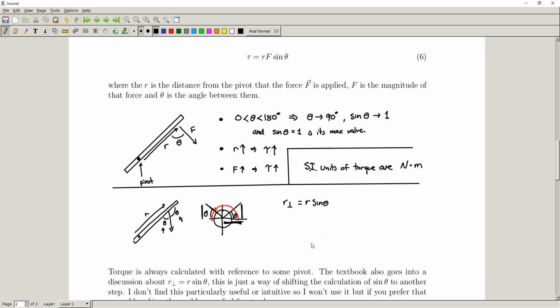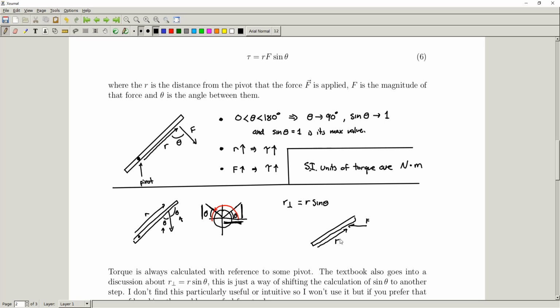Well, here I'll draw a picture. This is going to be my attempt at duplicating figure 9.6.D in the textbook. Okay, so they talk about some sort of a door or something here, where they're applying a force like this at some r. This is our F. That's a terrible looking r.